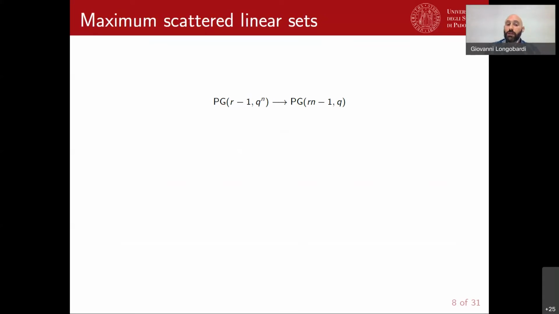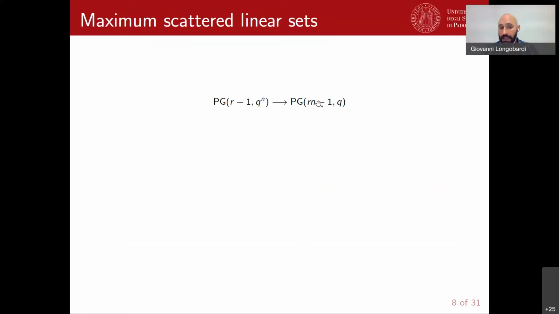Another way to see U scattered, and of course also the linear set associated with it: when we have a projective geometry of this dimension, the space over F_{q^n} can also be seen as a vector space over F_q.